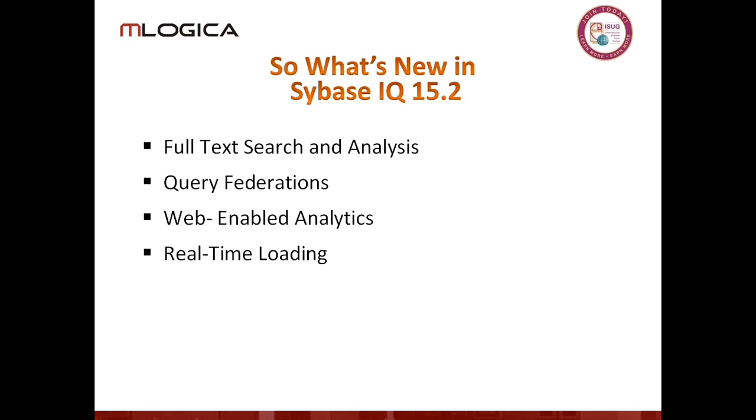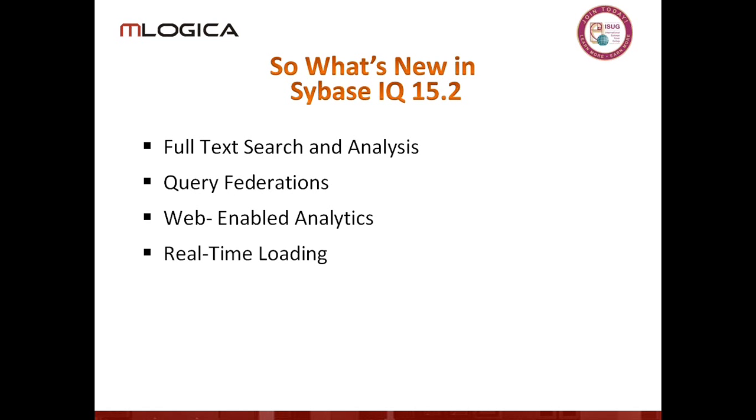So IQ 15 is a pretty big release for IQ, and 15.2 has actually a couple of very important features. The first one is addition of full text search and analysis.